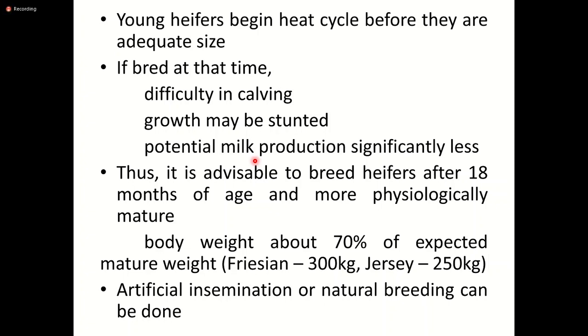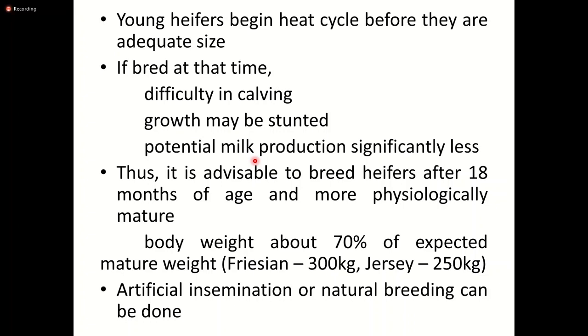So as I mentioned, why are we not going to do the breeding at their first heat cycle? Because even though they are showing heat signs and breeding signals, if you breed them at a very young age, what happens?